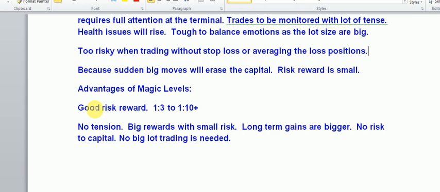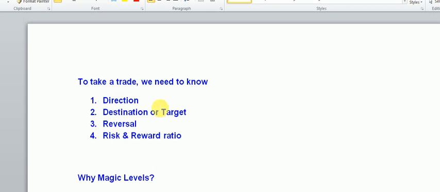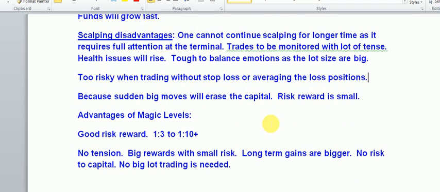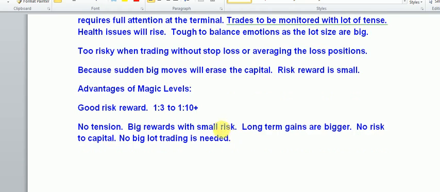The main thing is, as I told you, these 4 points are covered: direction, destination, reversal, and risk reward ratio. So a good risk reward of 1:3 to 1:10. That means the stop loss will be 50 to 60 pips maximum, and the target will be 400 to 500 pips for the full target. Even if you are booking part, it will be around 200 pips for big pairs and 100 to 150 pips for small pairs.